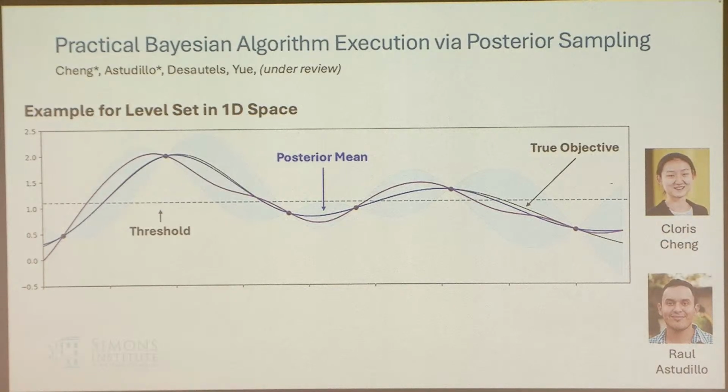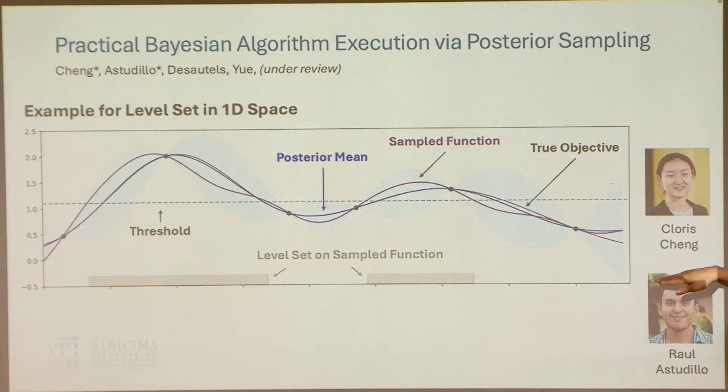The blue line is the posterior mean. The purple line is a sample function. The level set on the sampled purple line function is your gray. You compute the gray, the region on the bottom, which is the level set of the sampled function, by running your base algorithm on the purple line, which is cheap to compute.